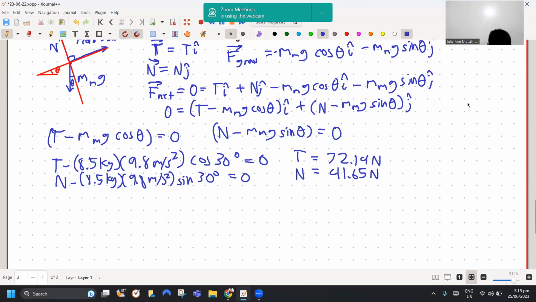So 72.13, or dahil dalawang significant figures lang yung given, that should be rounded off to 72. So 72 newtons, and ano naman yung magnitude ng normal force.